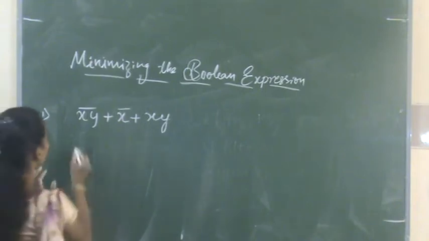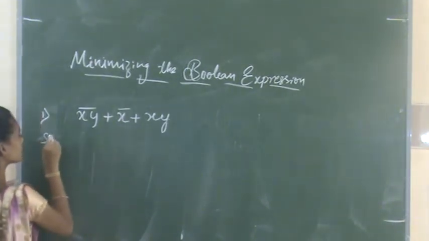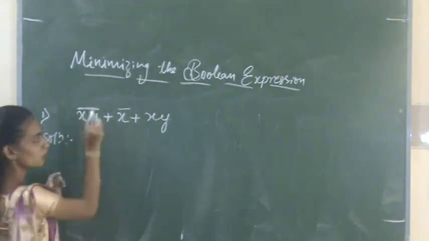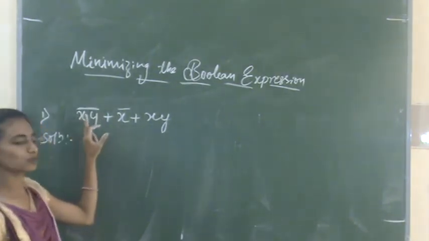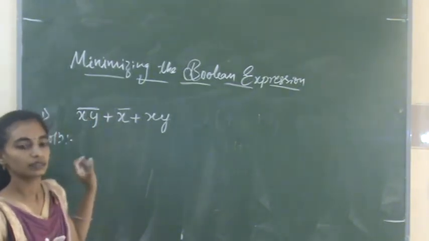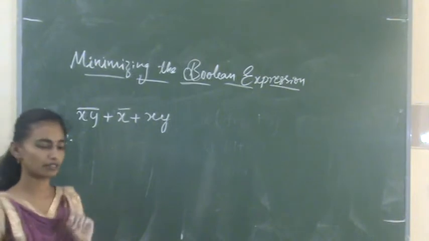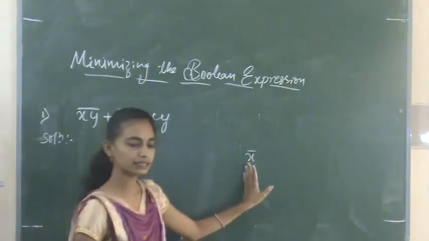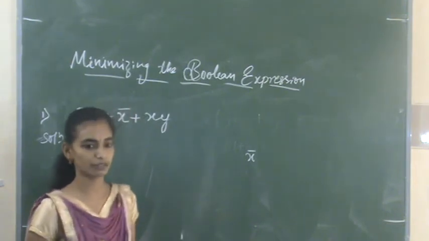So how to evaluate this expression? See, here it is a whole bar. Whenever we have a bar, it means the complement of a term, not the complement of a variable. If it is the complement of a variable, we take that variable as it is for the simplification.